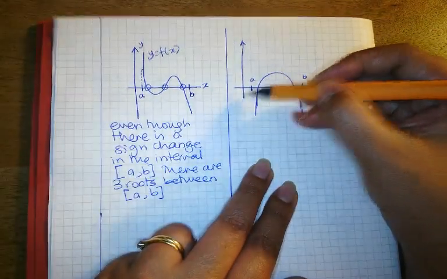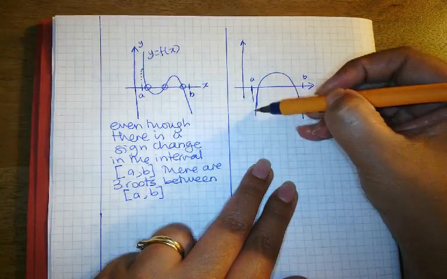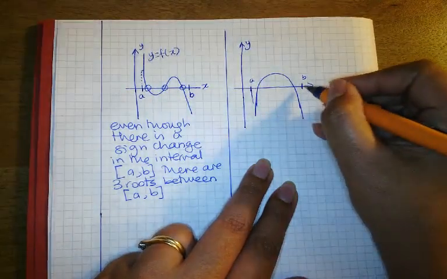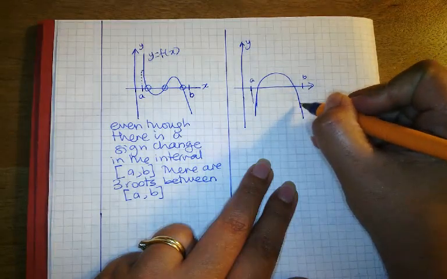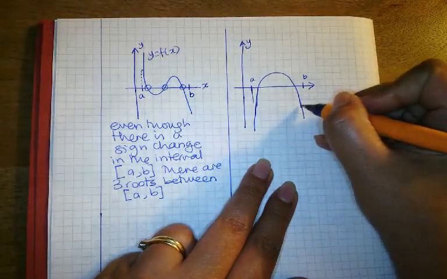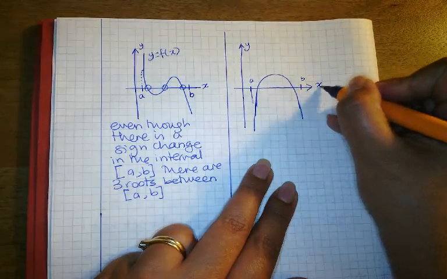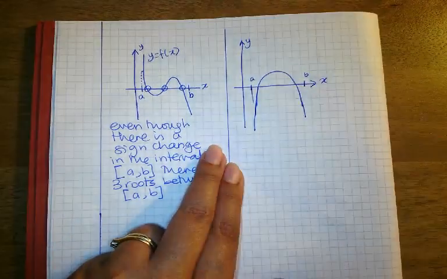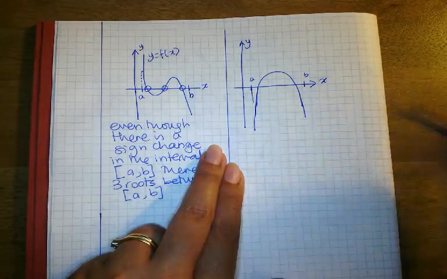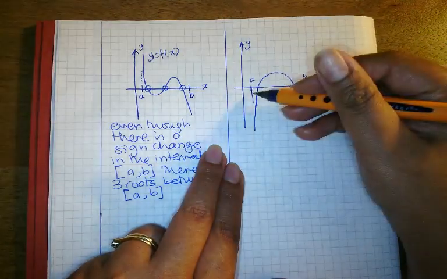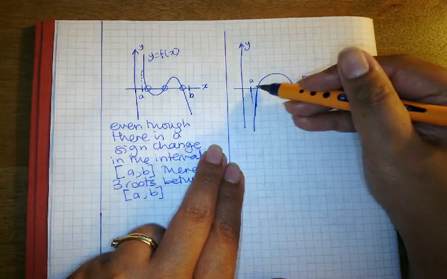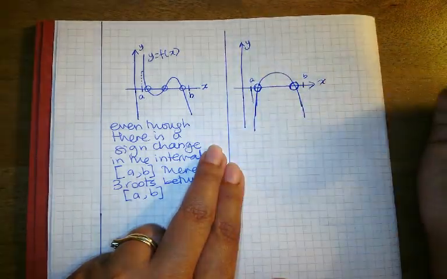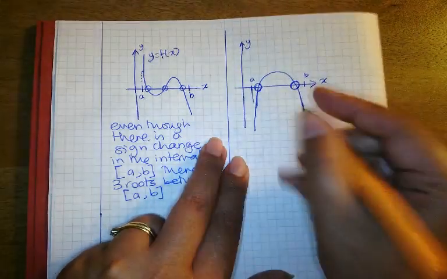Now at x equals a, my value of the function is negative. At x equals b, the value of the function is negative as well. So there is no sign change here, but that doesn't mean that there are no roots. There is no sign change between the interval a and b, but there are actually 2 roots. So we've got to be careful of this situation.